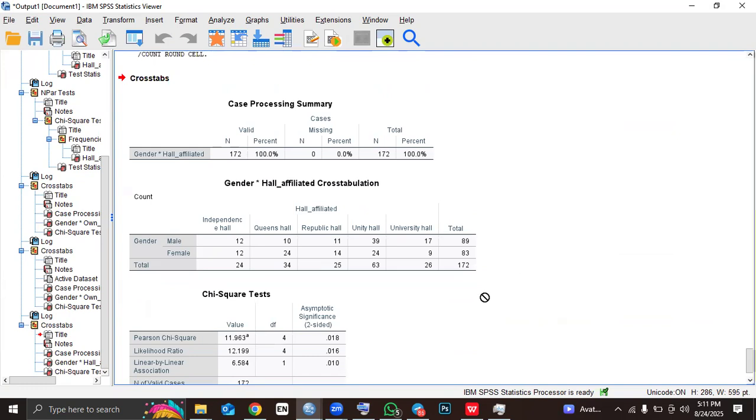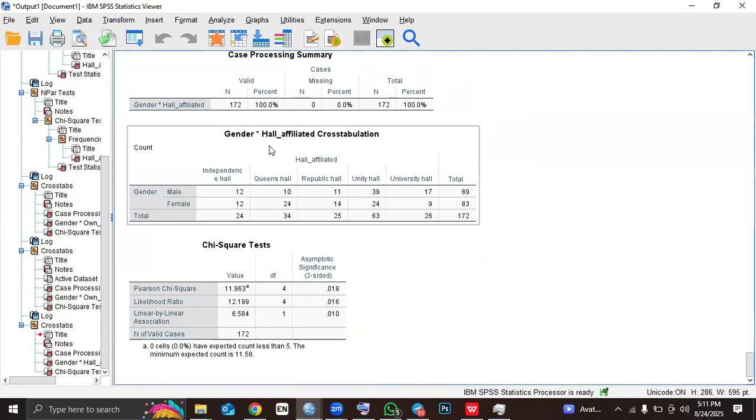So this right here is the case processing summary, where we have the number of valid cases with the percentages, and the number of missing cases with the percentages, and then the total number of cases in the distribution.